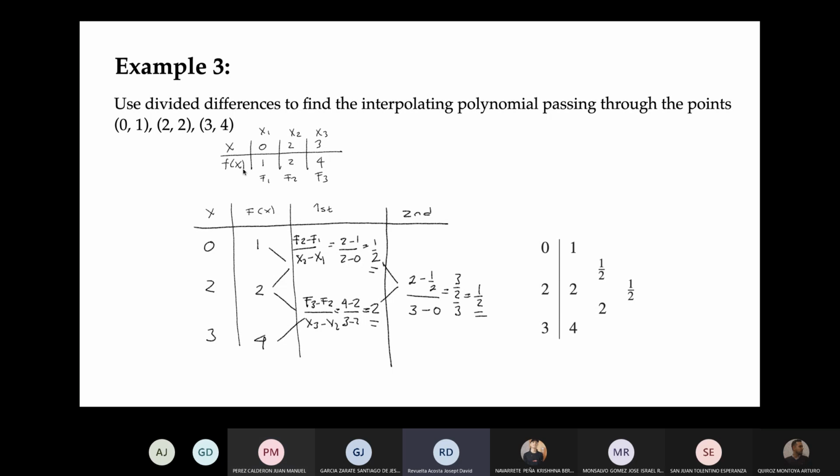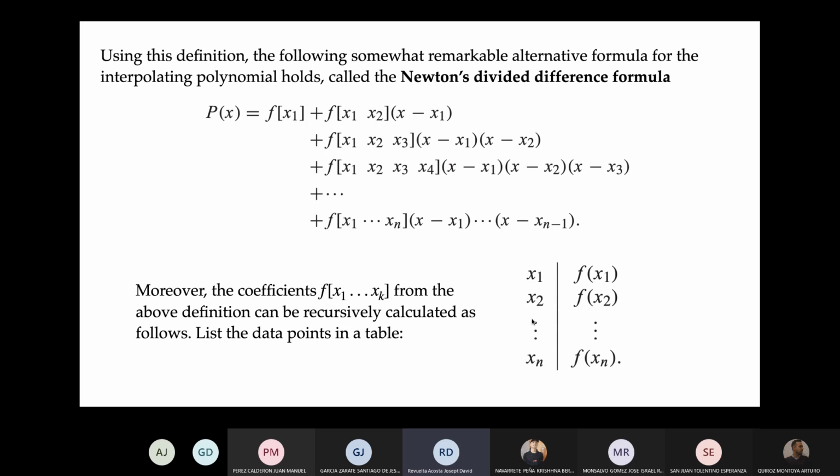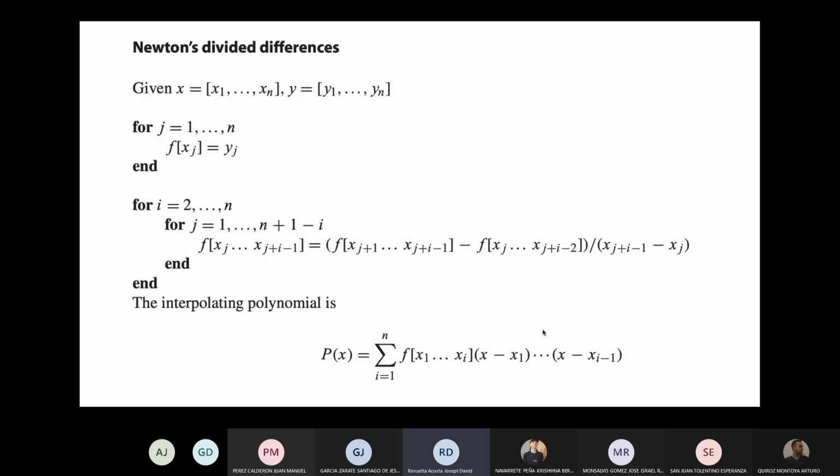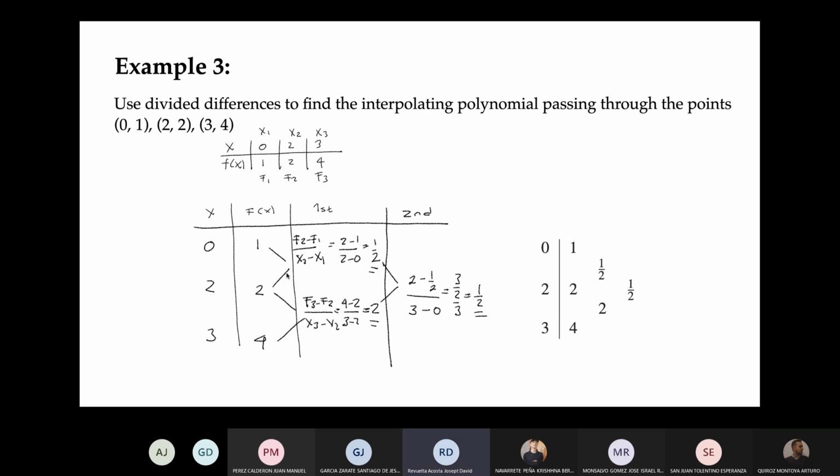So we have this arrangement, right? Then I have 3 columns. If I have 3 points, my degree is going to be second order. So I'm going to create a column of x's, 0, 2, 3, and a column of f(x)'s, in this case 1, 2, 4. This is what we have here. Then what I'm going to do is follow the intersection between this one and this one.